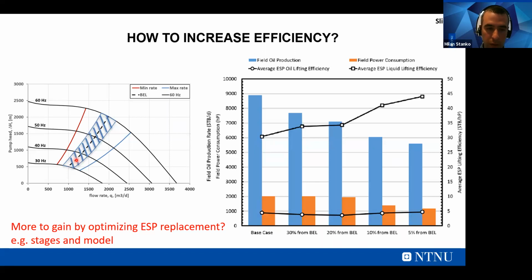We didn't look into it, and it's a tough problem. You have a database with a lot of pump models, and a lot of areas, and they depend also on the number of stages. So it's a very challenging problem, but I think you should do something like that if you want to achieve both oil production and low power.